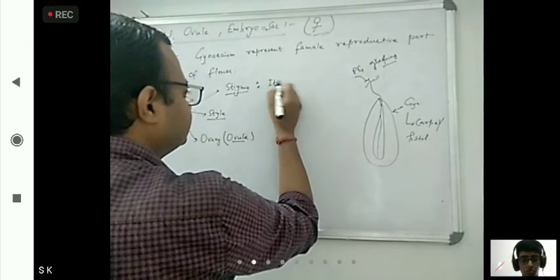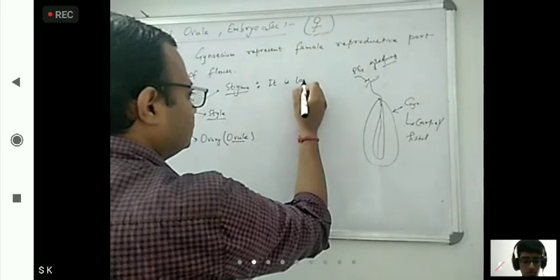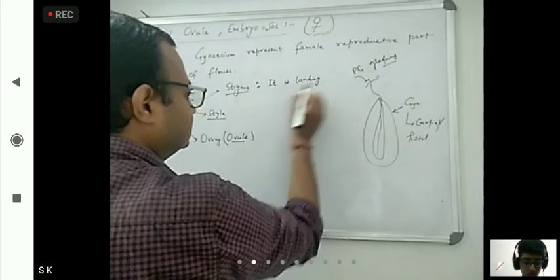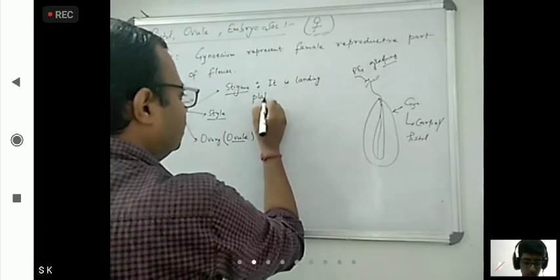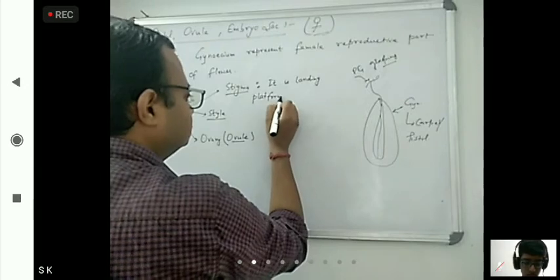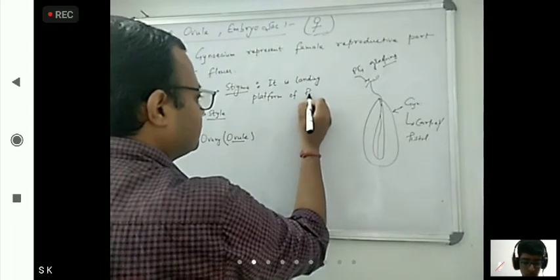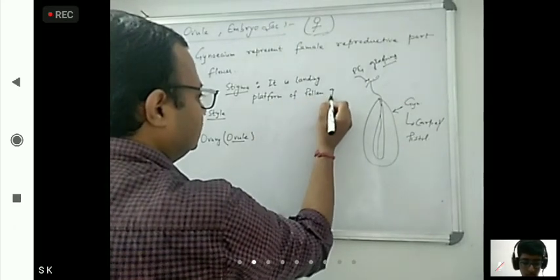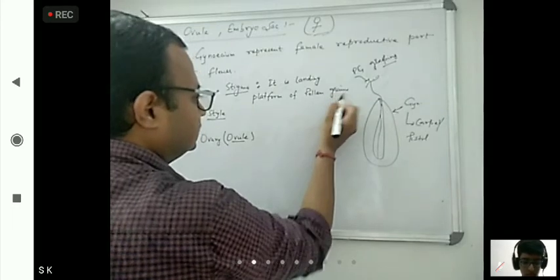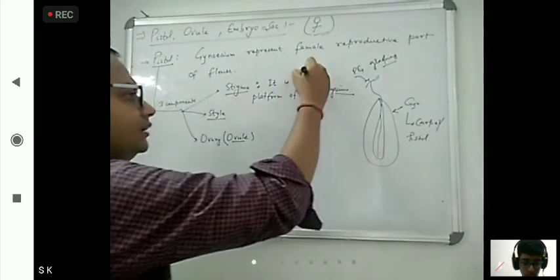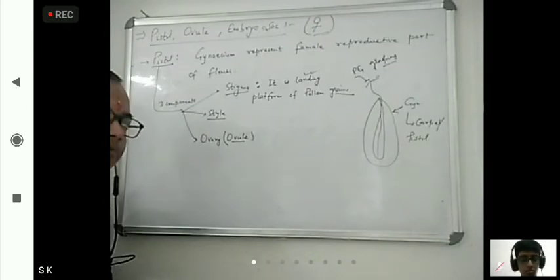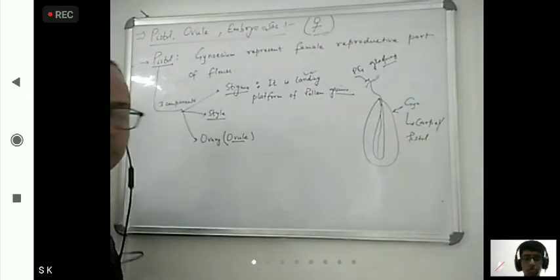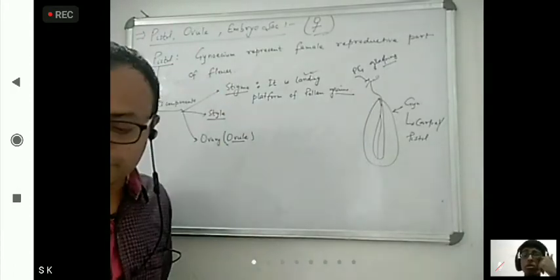You have to remember which part of the pistil acts as the landing platform of pollen grains: that is the stigma.